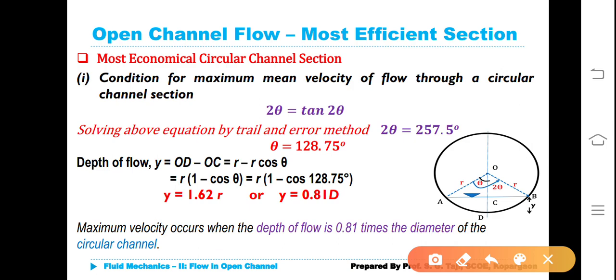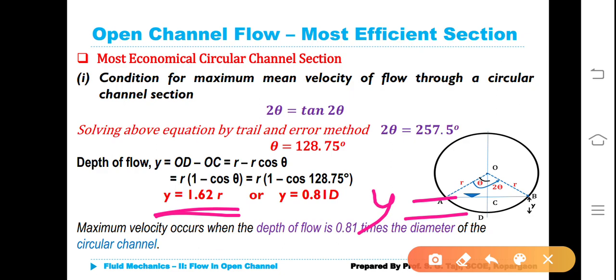We can write OD as R, and OC as R cos theta. Therefore, y is equal to R into 1 minus cos theta. If you substitute the value of theta as 128.75 degrees, you will get y is equal to 1.62 small r.